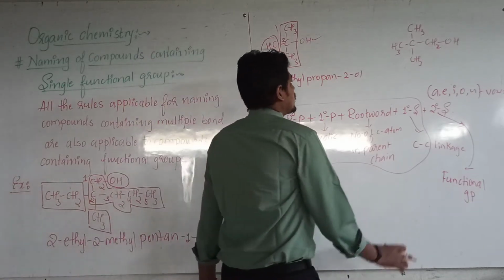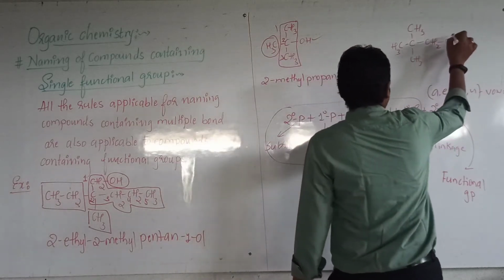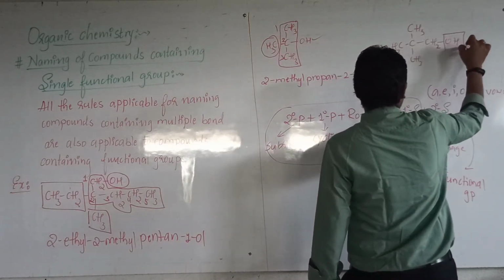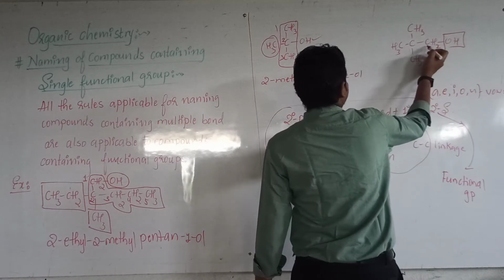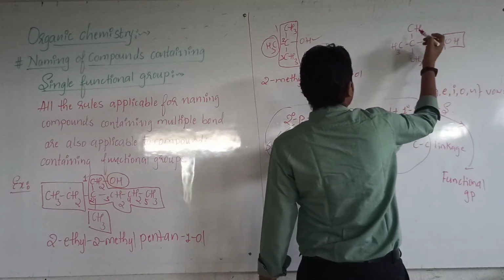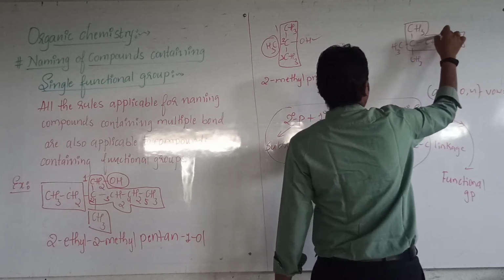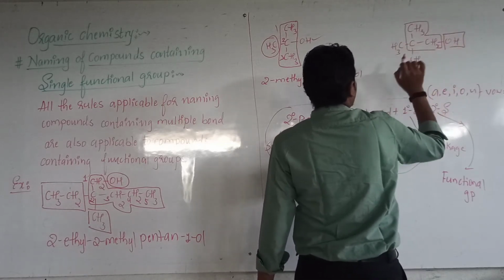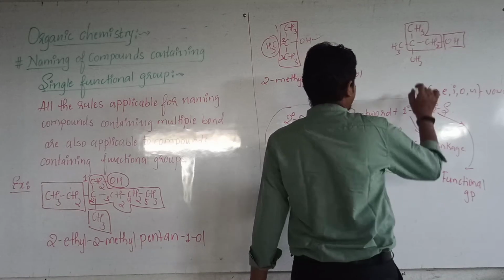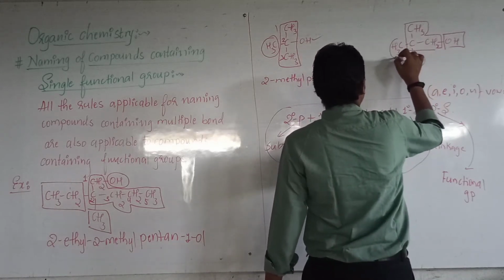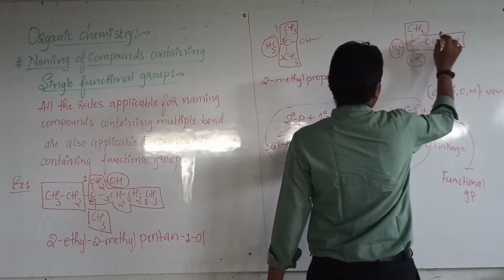Then next. Again this is your functional group and it is attached to this carbon atom. So how do you select the parent chain? You can either select like this, which will give you 2 substituents, one here and one here. Or you can select the straight chain.